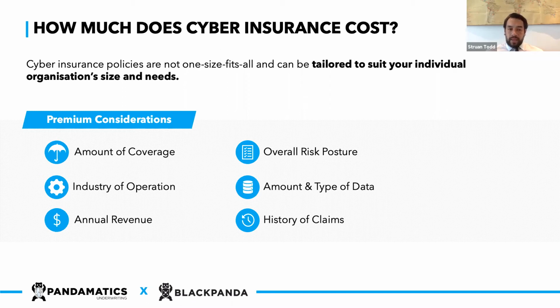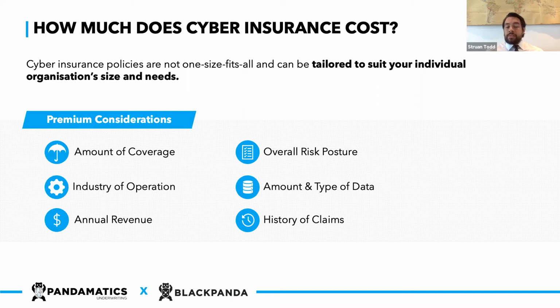But there are certain considerations that do factor into what that pricing would look like. First of all is the amount of coverage. If you're looking for a small limit of coverage, you're typically getting a lower premium than if you're going for a higher limit of coverage. Your industry of operation, as Gene has touched upon briefly before, some of those industries are deemed more likely to be attacked than others.